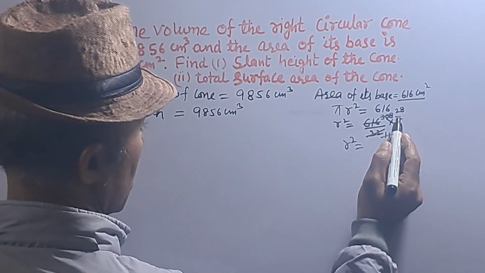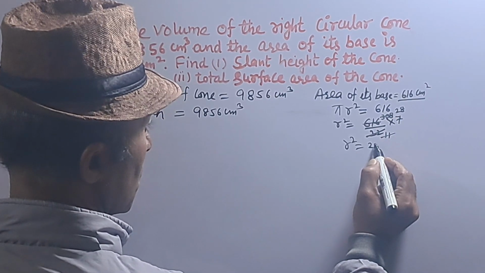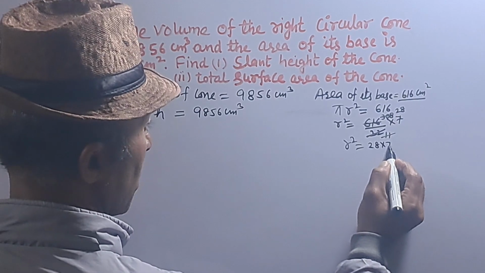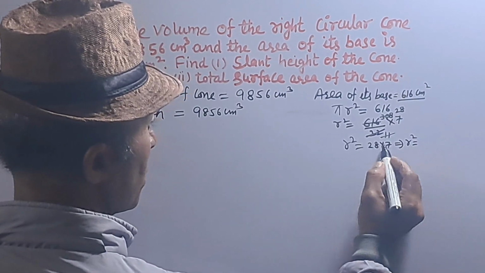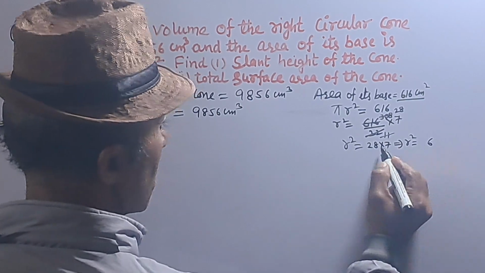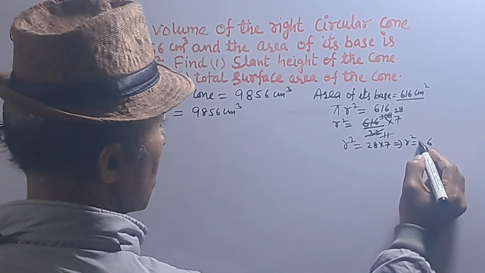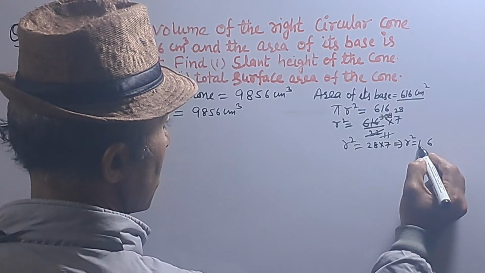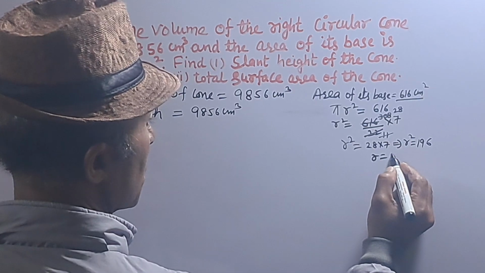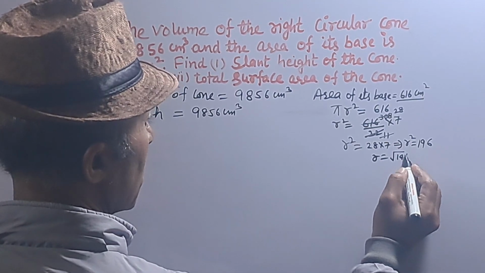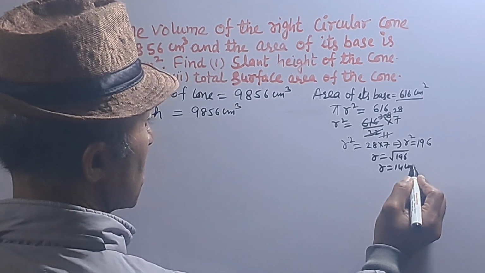R square equal to 28 into 7, which implies R square equal to 196. 8 7s are 56, 7 2s are 14, 14 plus 5, 19, and R is equal to under root 196, so R equal to 14 centimeter.